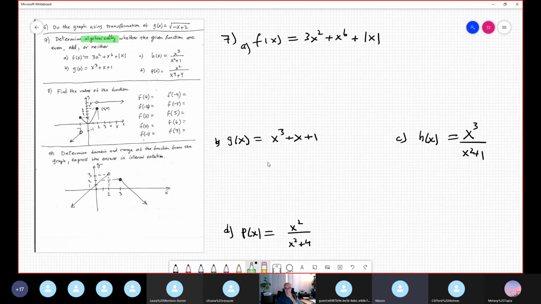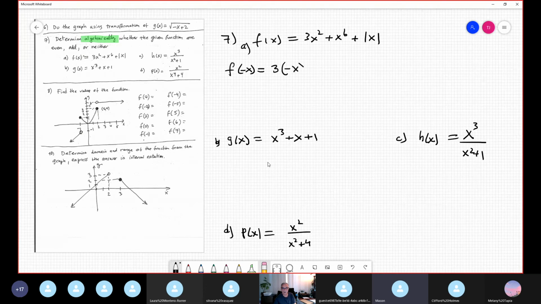Okay, I suspect that the first one is even because the exponents are even, 2, 6, and absolute value. Just in case, I want to prove it, I make a reflection. Look, this is the algebraic way. You make a reflection about the y-axis. See, the function stays the same.